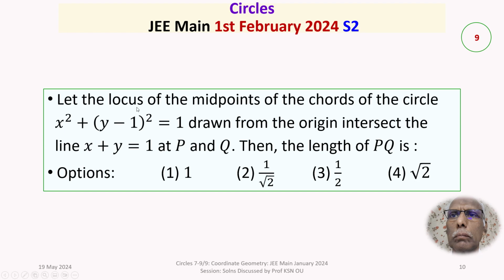So first of all, you have to find the locus of the midpoints of the chords drawn from the origin to this circle, and take that locus and let it intersect with this line at two points P and Q. Then find the length of PQ. It's very easy.